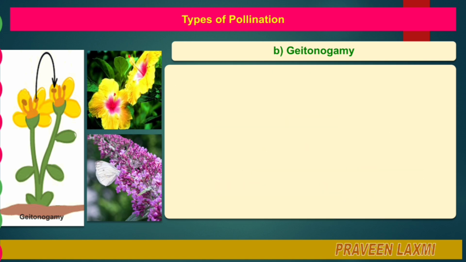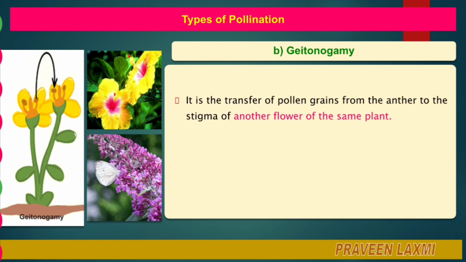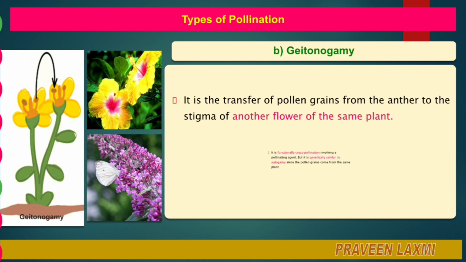Here the plant is the same, but what is different here? The flowers are going to be different. Same plant, but different flowers. The transfer of pollen grains from the anther to the stigma of another flower of the same plant.